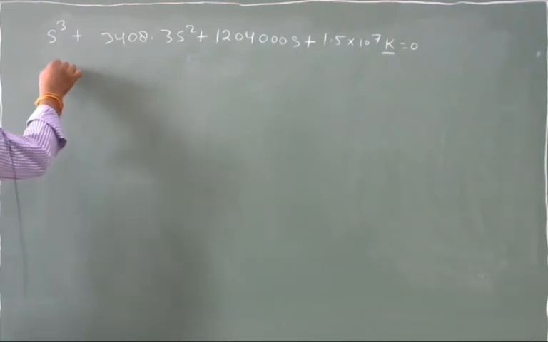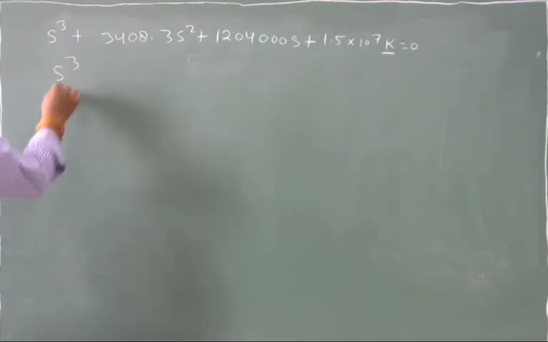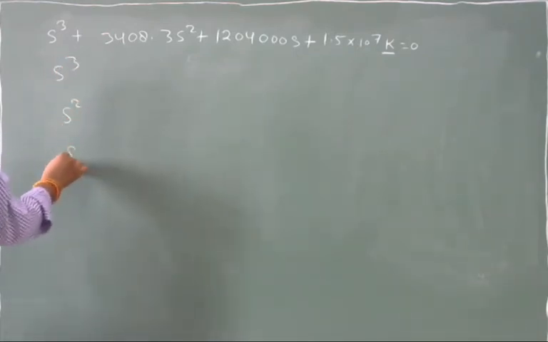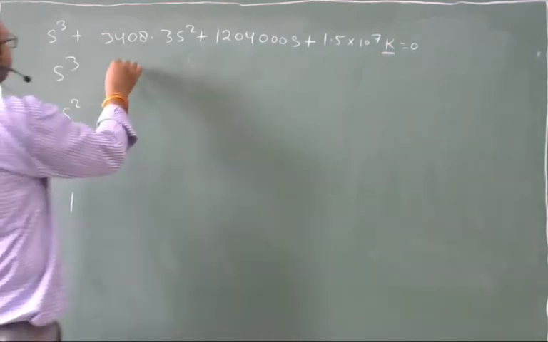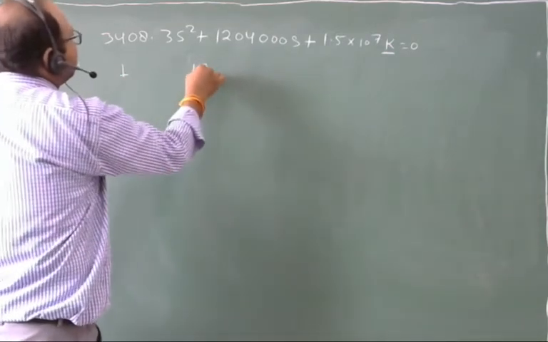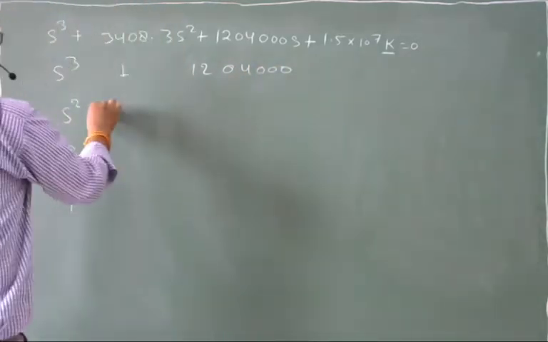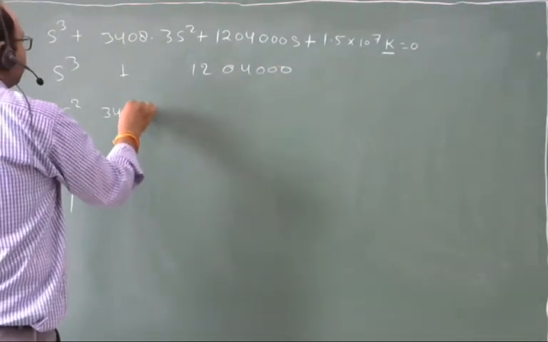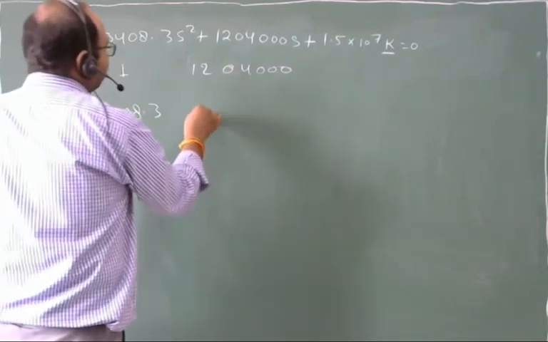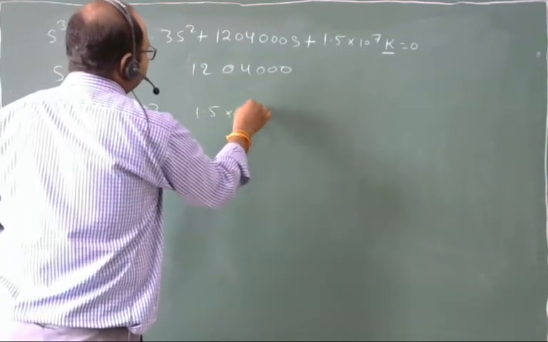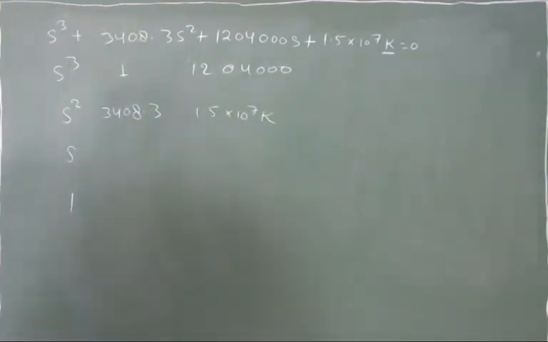So make a Routh table: s cube, s square, s, 1. The coefficients are 1, 1204000, 3408.3, and 1.5 into 10 raised to 7 k.